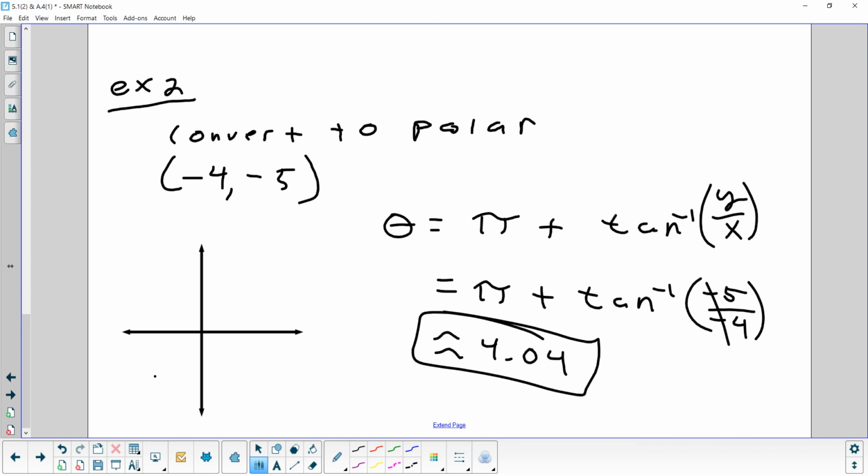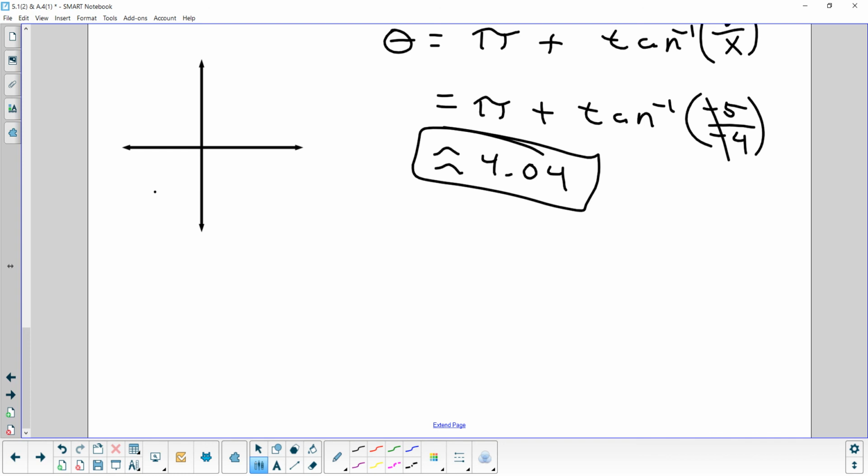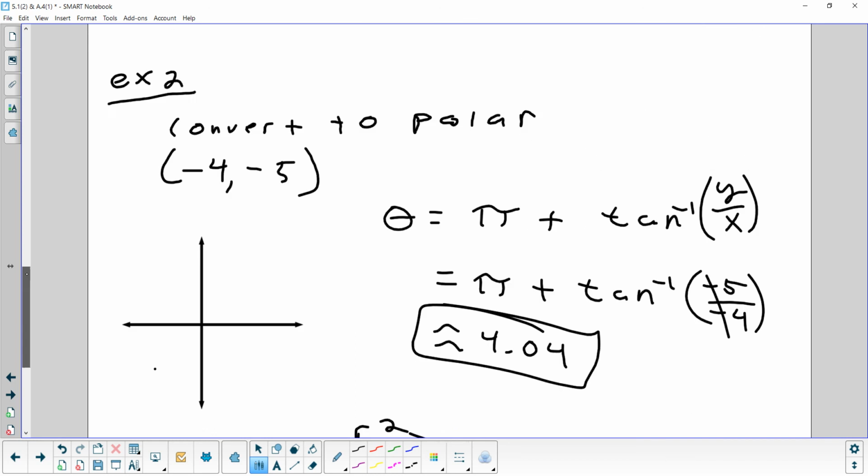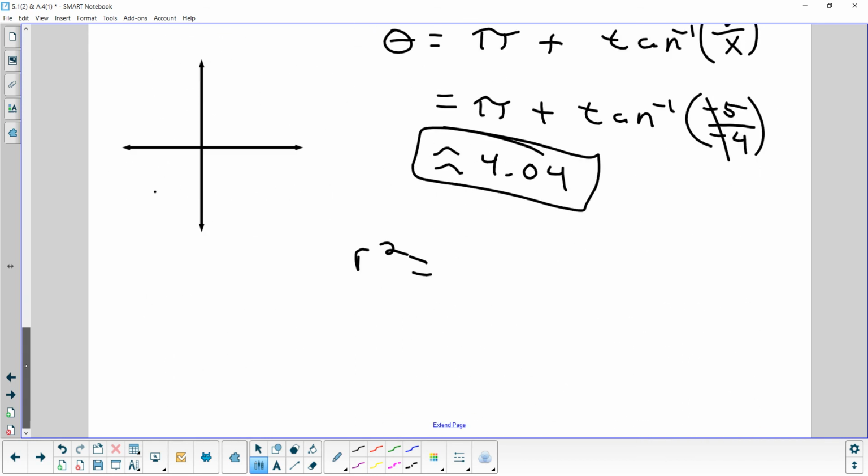Okay, so we got that. Now we have to figure out my radius. And that has no effect on what mode you use because that's Pythagorean theorem. So r squared, let's see, x squared plus y squared. All right, so negative 4 squared, that's going to be 16.